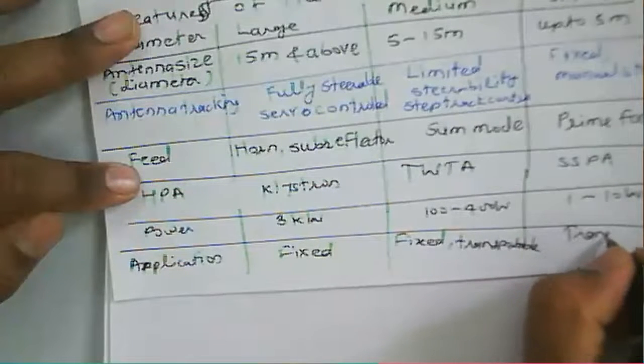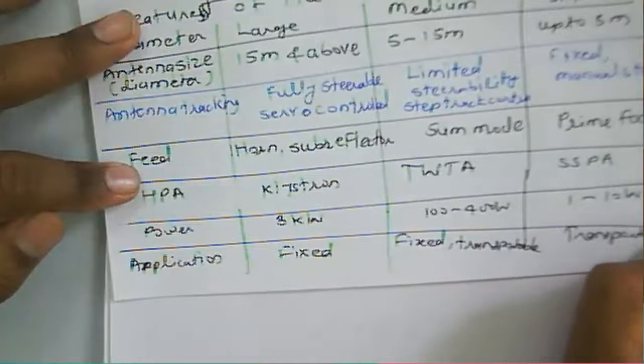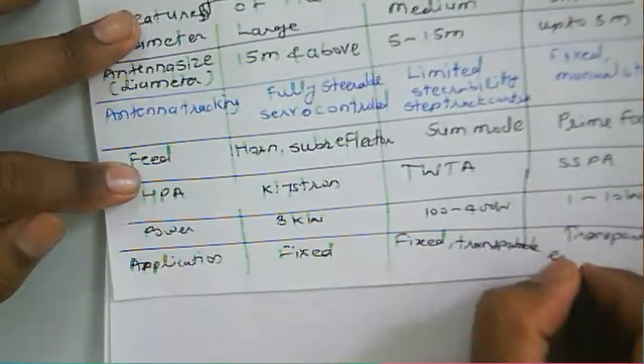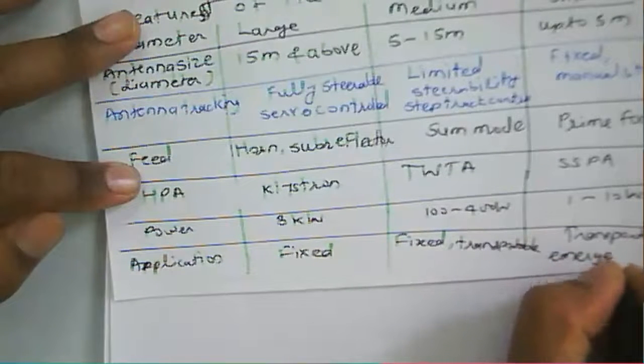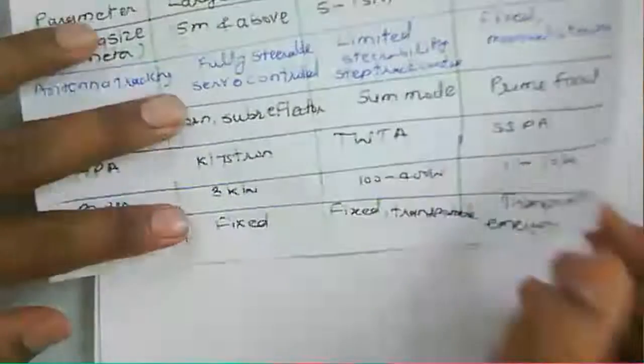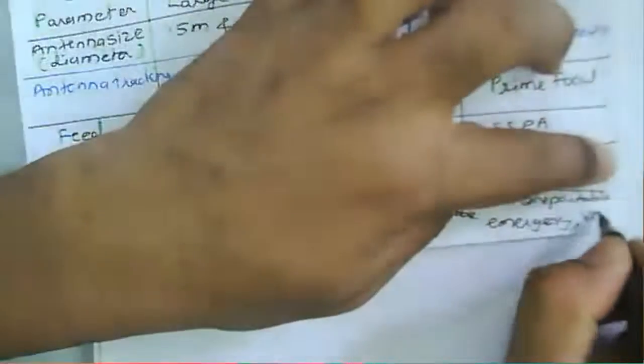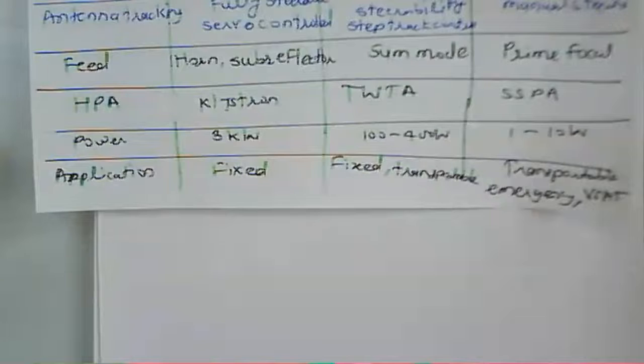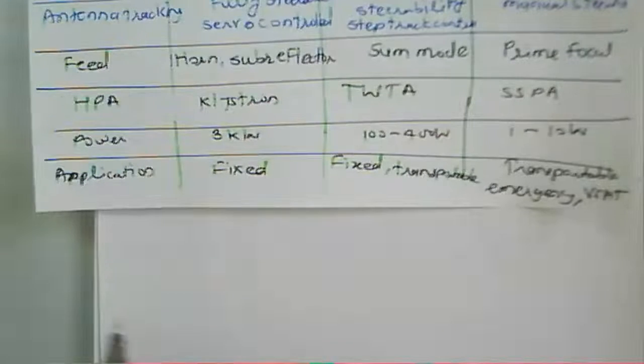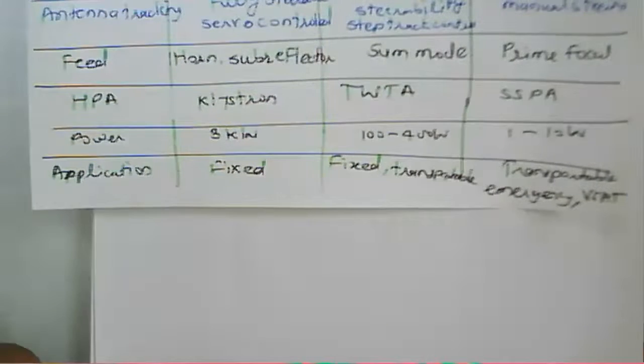So this one is transportable, or we can use it for emergency application, or we can use it for VSAT. So that is about an earth station, and we are learning the earth station features.